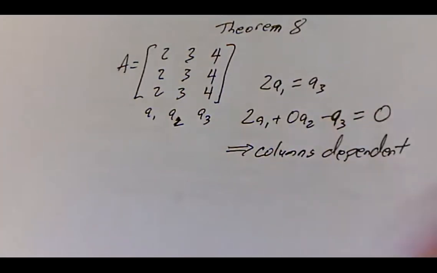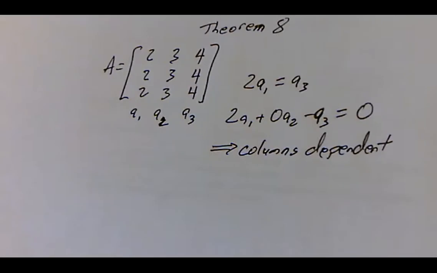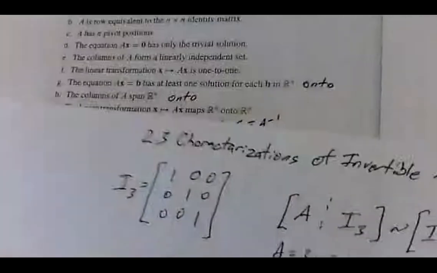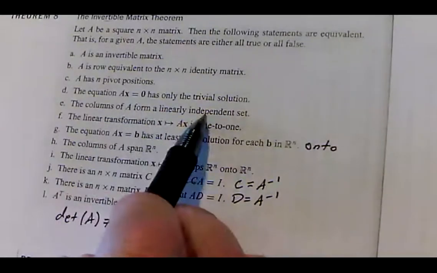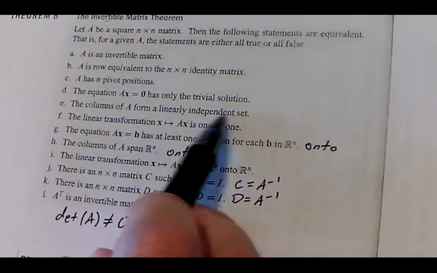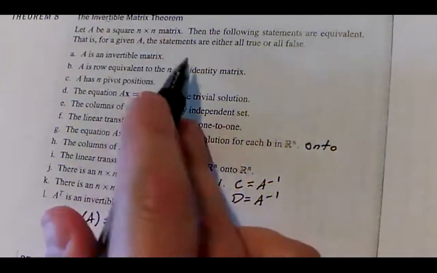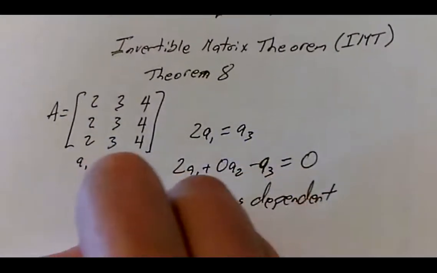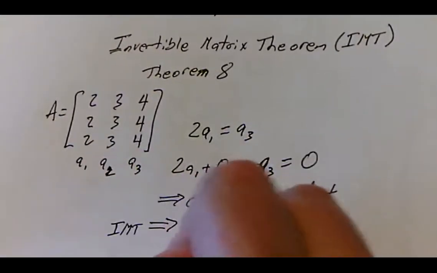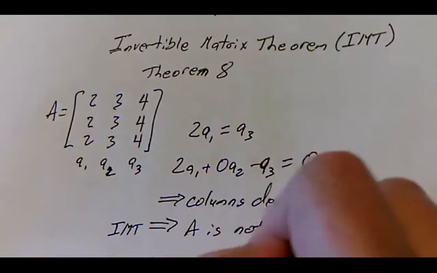Again, we drop that word linearly a lot because it's linear algebra, so we kind of know it. Check back with your invertible matrix theorem. Well, linear independence is a statement here. So if it's dependent, it's false. That means the whole thing is false. So the columns are dependent, which means that the invertible matrix theorem tells us that A is not invertible.